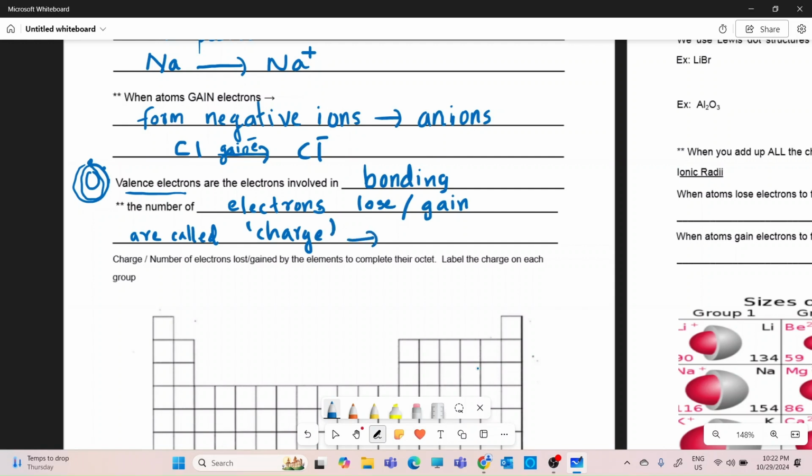It is also called the valency of an atom.